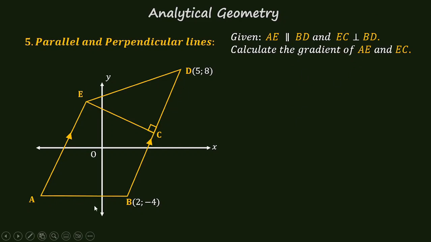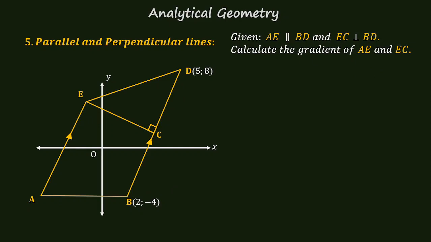From the sketch, we can see that the straight line AE is parallel to the straight line BD. This is shown by these 2 arrows, and of course the information is also given up there. And then we also know that EC is perpendicular to BD. This is the EC we want, and then this is the AE that we also want.